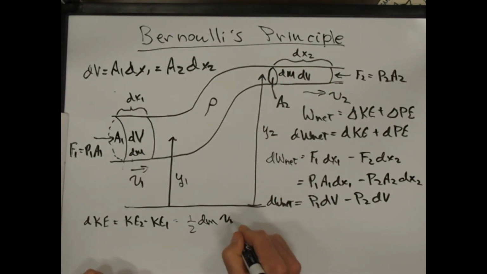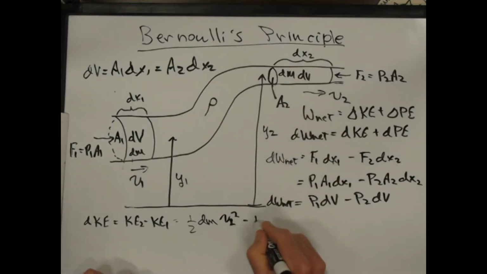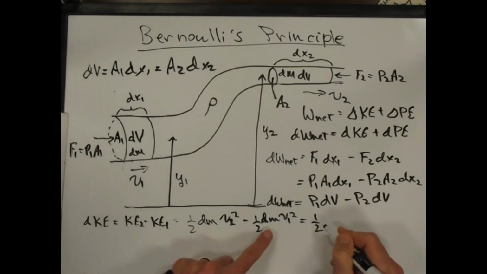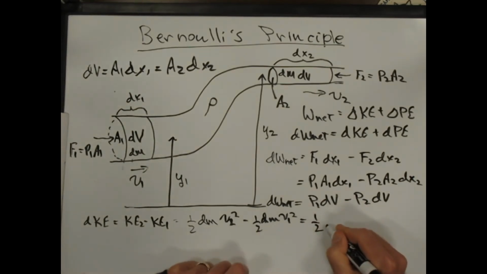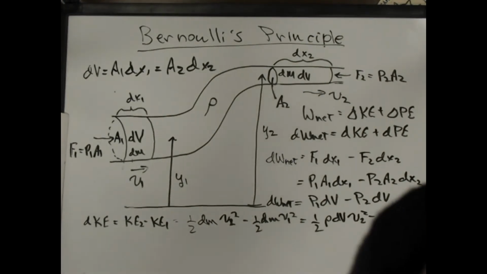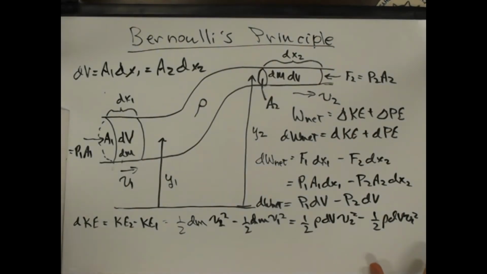Times v2 squared. It's this guy's kinetic energy minus 1/2 same mass times v1 squared. The dm is just rho dV, so it's 1/2 rho dV v2 squared minus 1/2 rho dV v1 squared. You see all that, maybe?